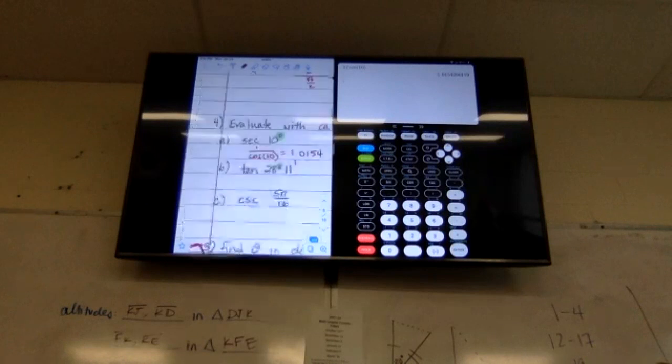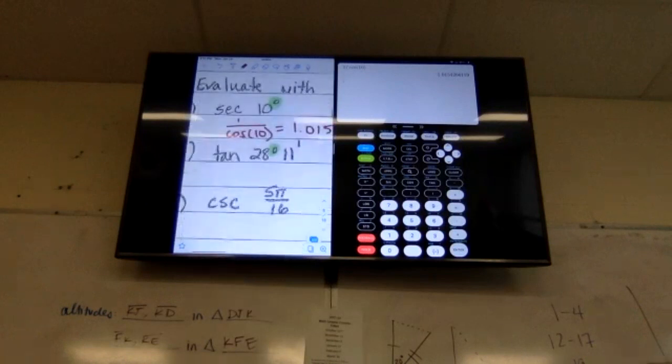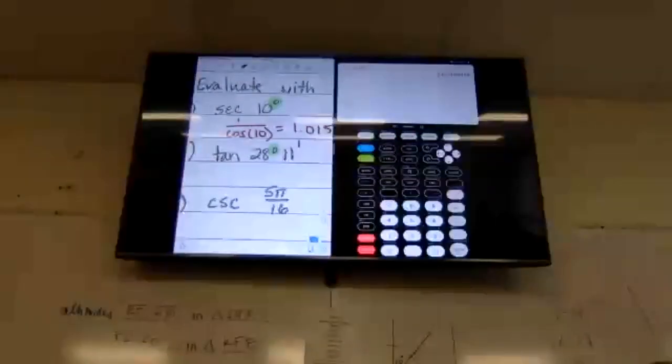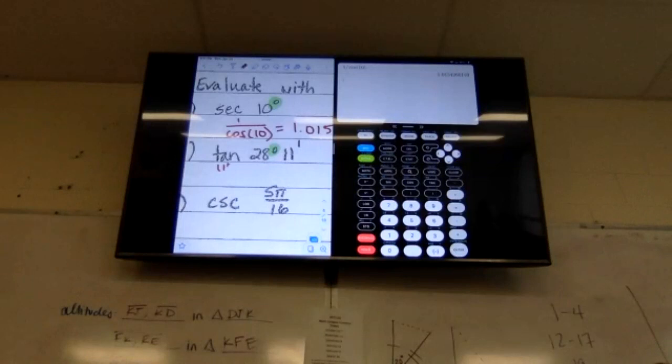All right, the next degree one I have says tan of 28 degrees, 11 minutes. Ooh, we have to do an extra step here. Can we make 11 minutes into a decimal? How do I make 11 minutes into a decimal? I heard divide by 60. Perfect. 11 divided by 60 is 0.183.